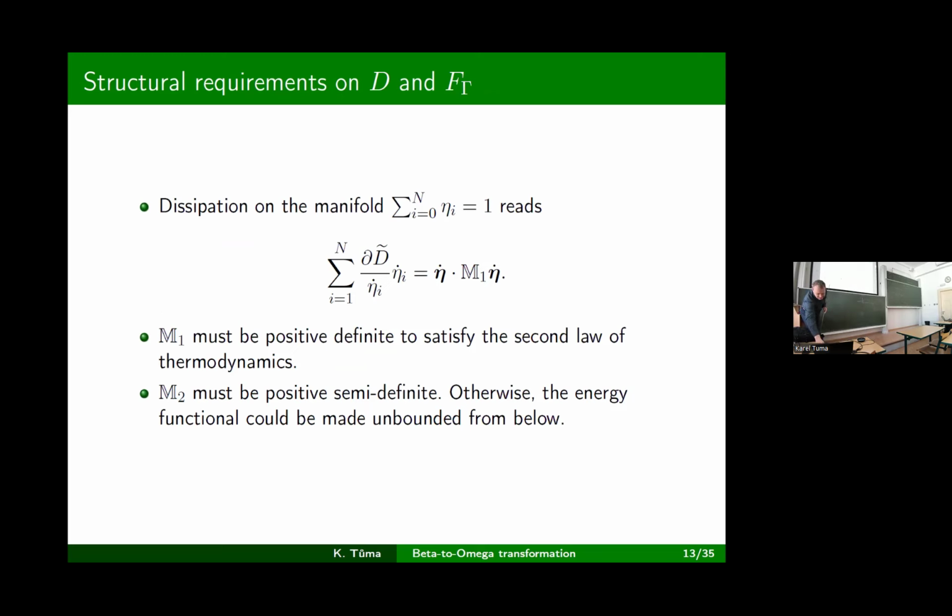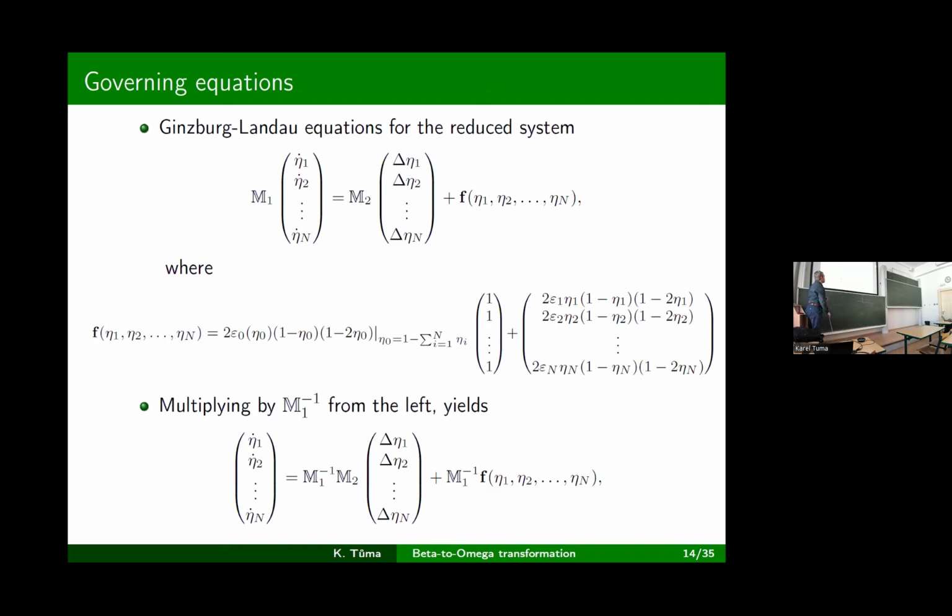Now what we will do, we will write down the Ginzburg-Landau equation that we have in the form, I will repeat it here, the functional derivative of the dissipation potential with respect to eta i dot plus the functional derivative of the free energy with respect to eta i equals 0.